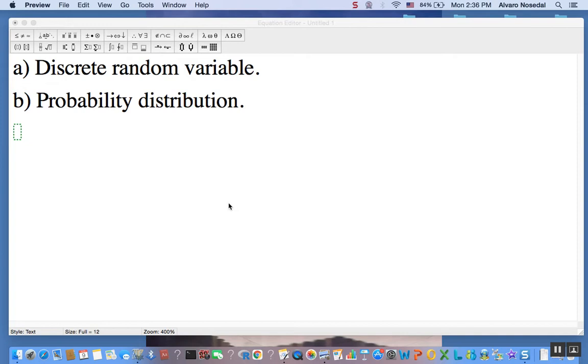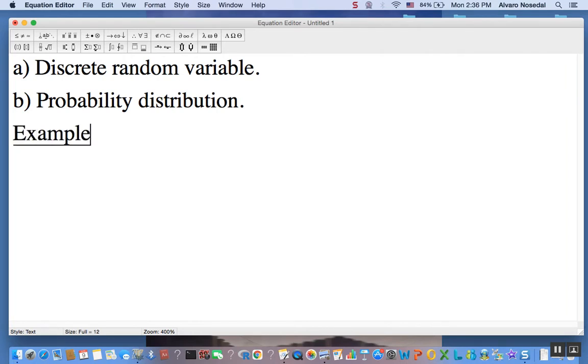So here goes our example. By the way, this example can be found in our lecture notes. But let me just write down some of the details so we can solve that problem together.